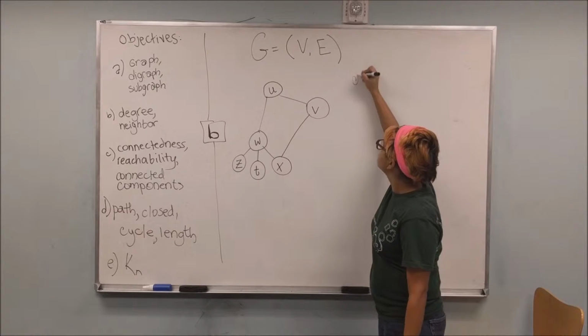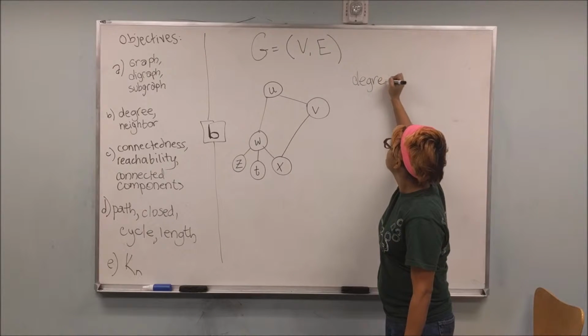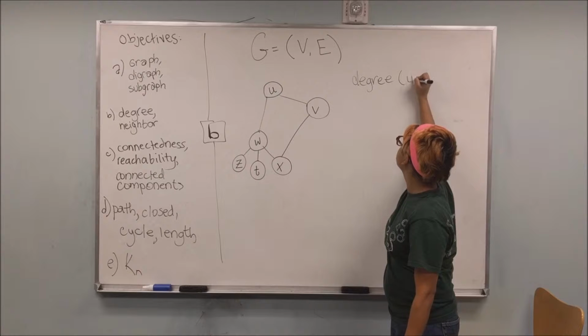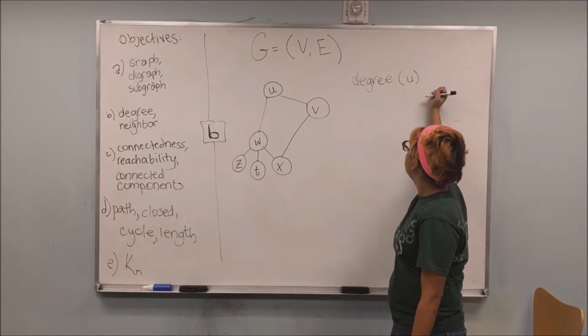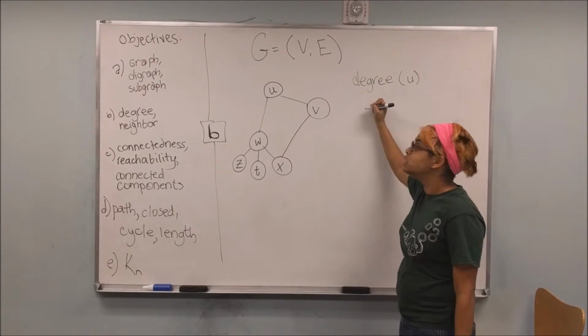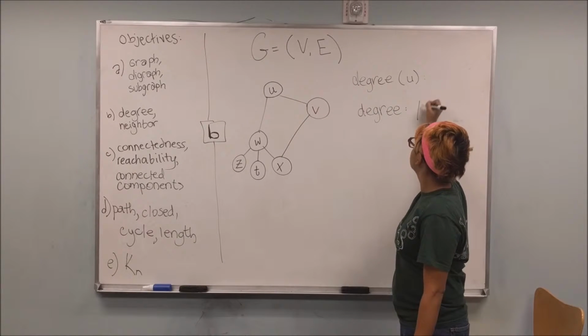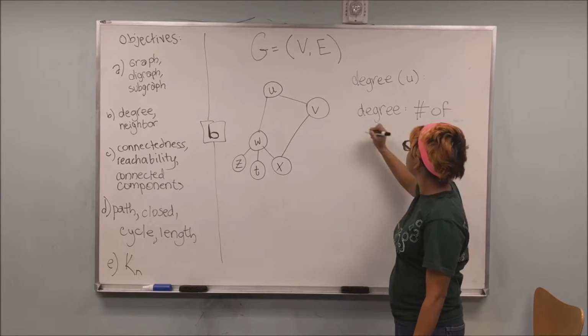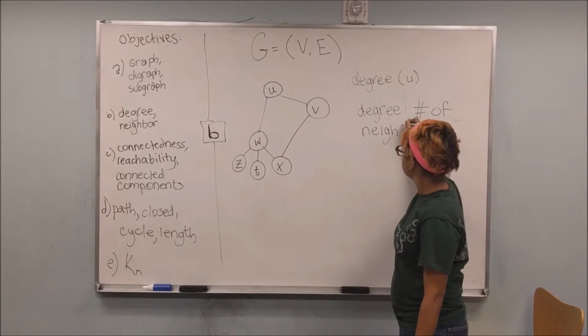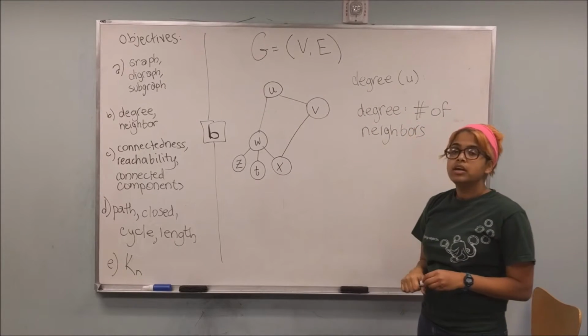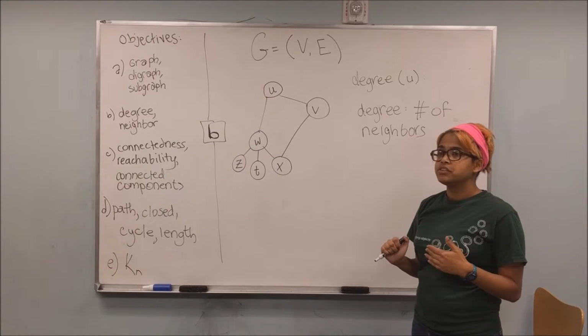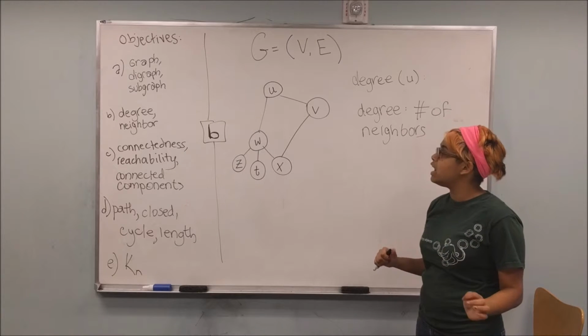All right, so the degree of a particular vertex, say U, is the number of neighbors. The degree of a certain vertex is the number of neighbors that it has.